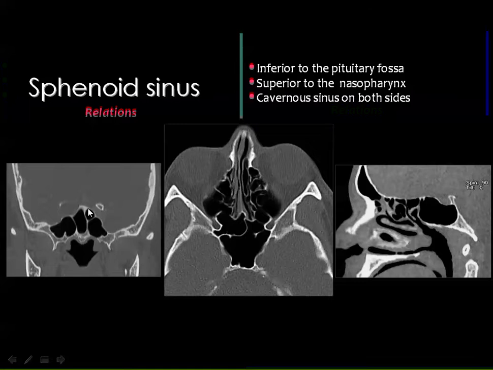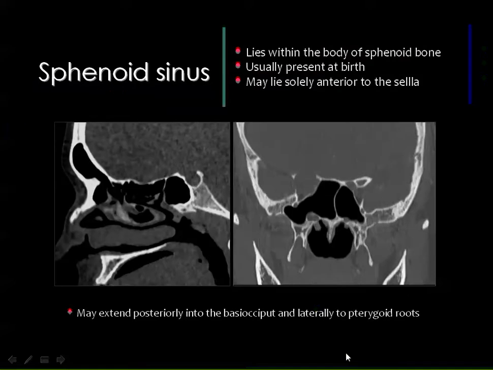The sphenoid sinus can be hyperpneumatized with extension of the pneumatization into the skull base as well as into the pterygoid blades. Then you see an example where the pneumatization of this sphenoid sinus extends into the skull base and the root of ethmoids.